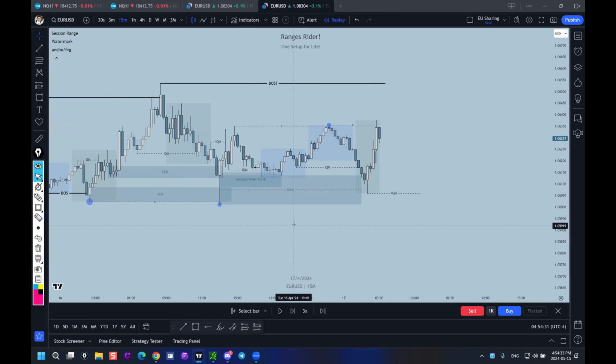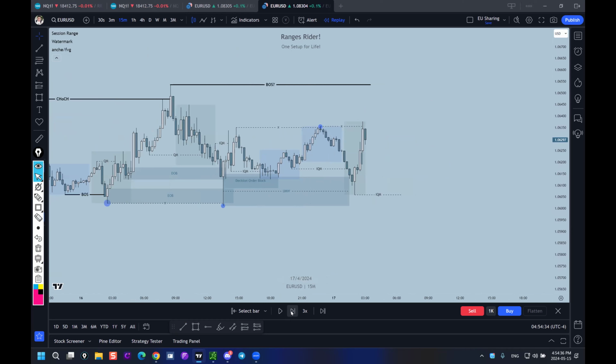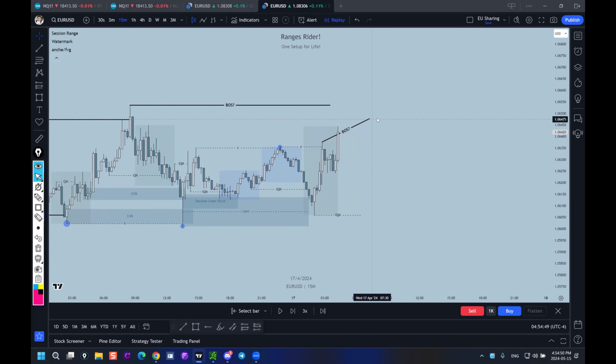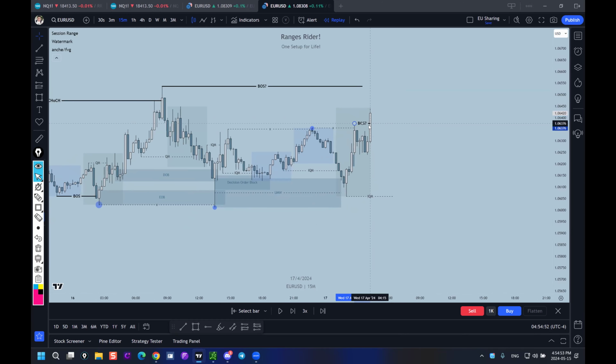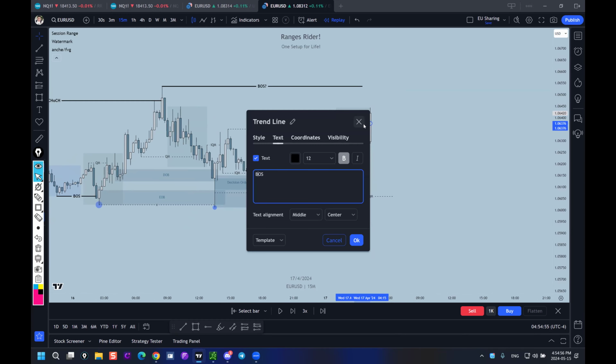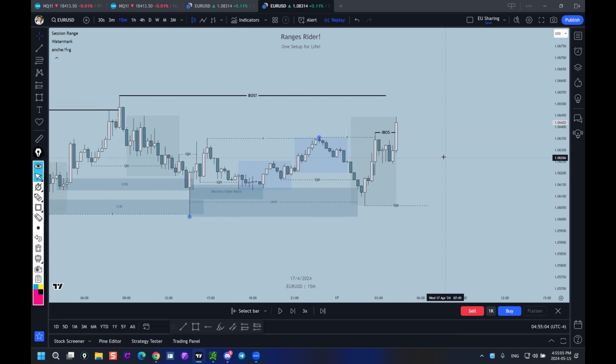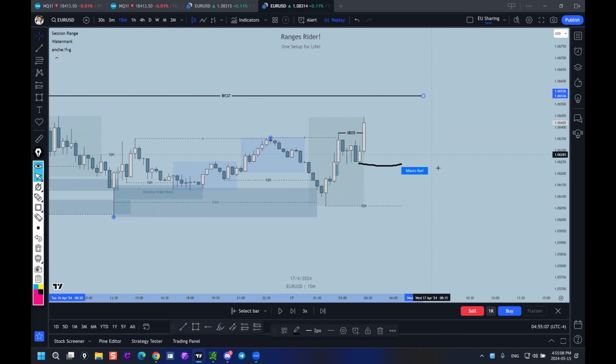Okay, so now let's see. It closed. If it closed, now you can say this one is the IQM, and this moved to here.